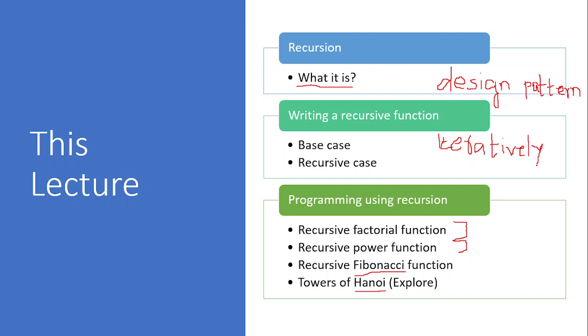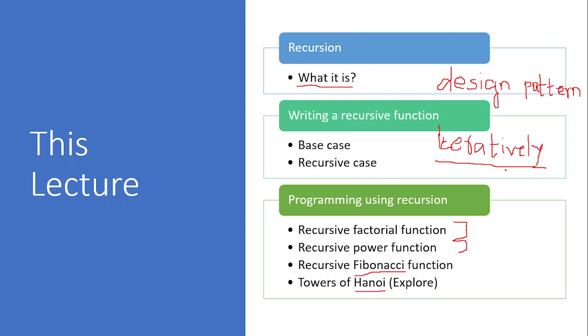So if you can solve a problem iteratively, you can solve that problem recursively. And similarly, vice versa. If you can solve a problem recursively, you can solve that problem iteratively as well. So this is a theorem in CS. We are not going to explore this theorem, but we are definitely going to talk about recursion in reasonable detail.